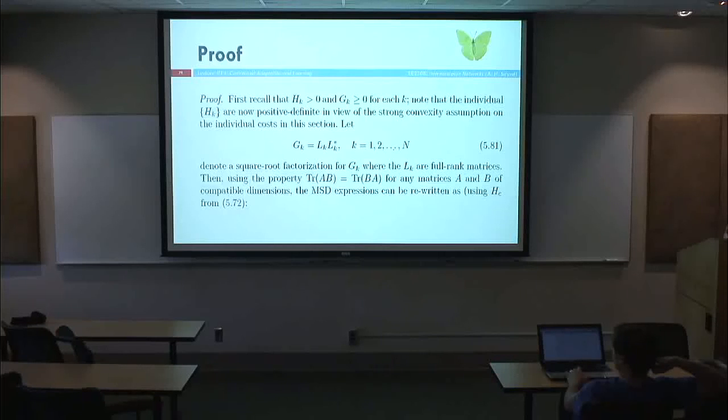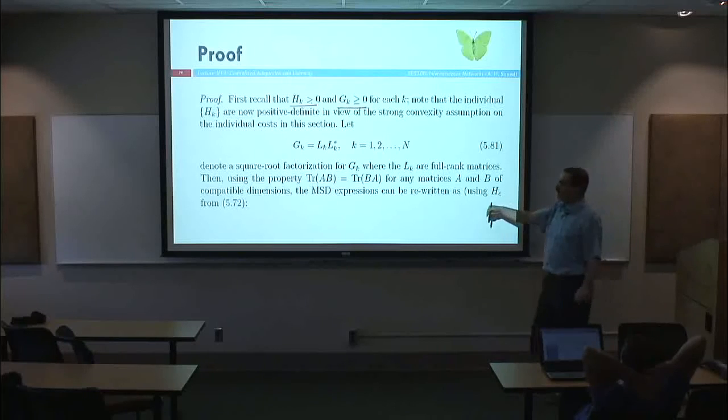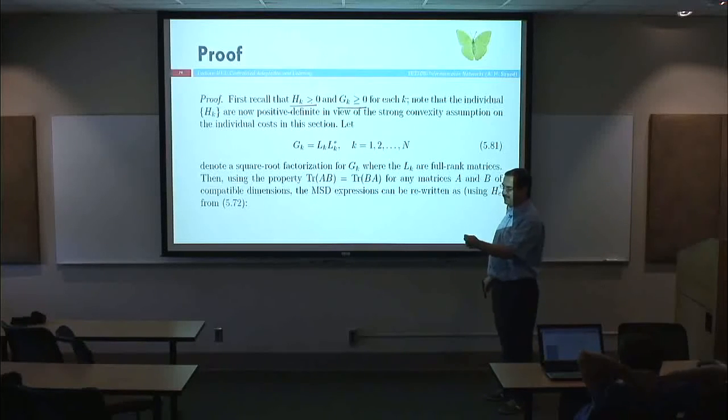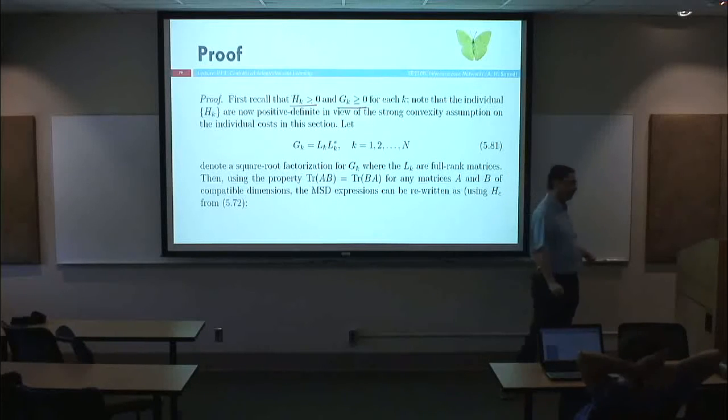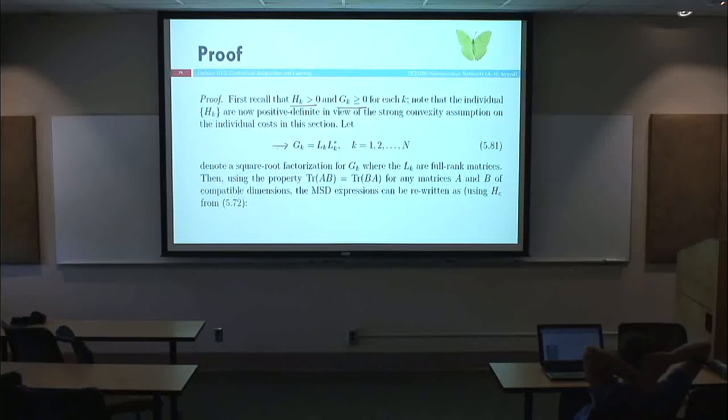So this is the proof. Remember that G sub k is a covariance matrix, so it's non-negative. H sub k is positive, because here we are assuming that each J sub k is strongly convex. So each H sub k is positive definite. Now, if a matrix is non-negative definite, you can always factor it as some matrix times its conjugate transpose.